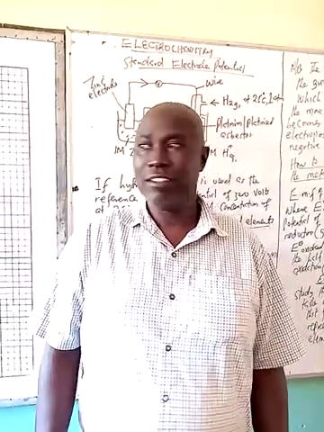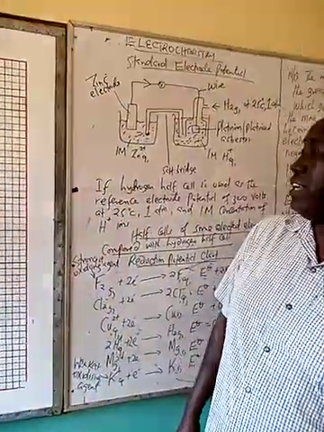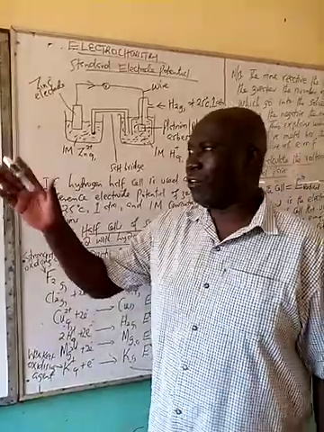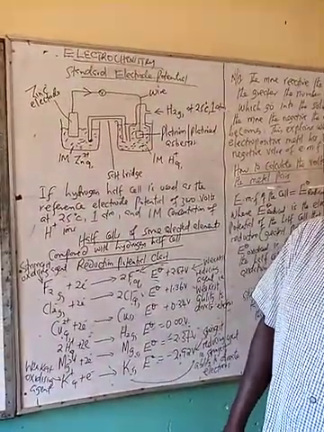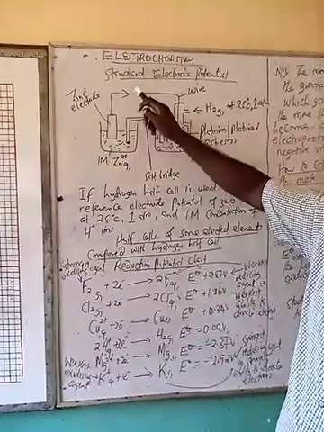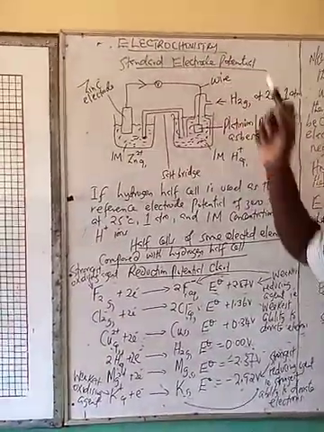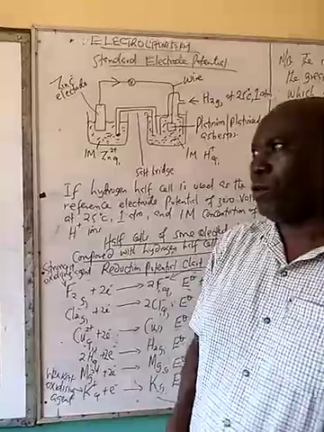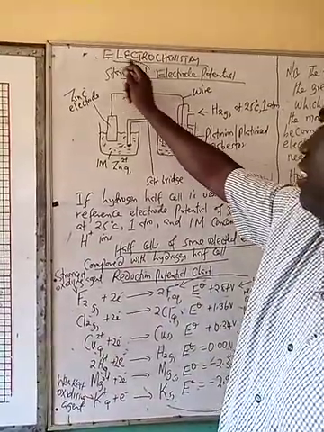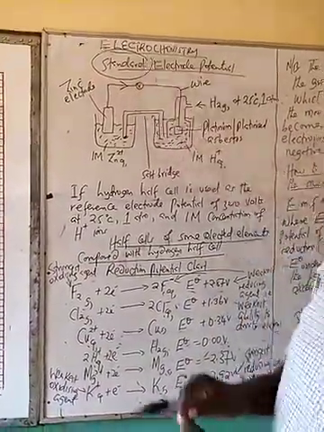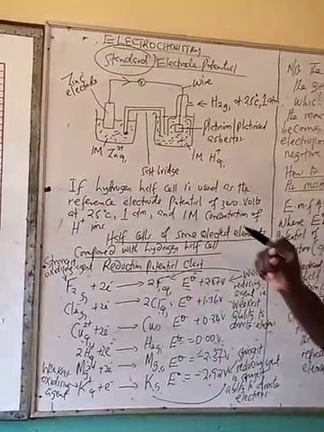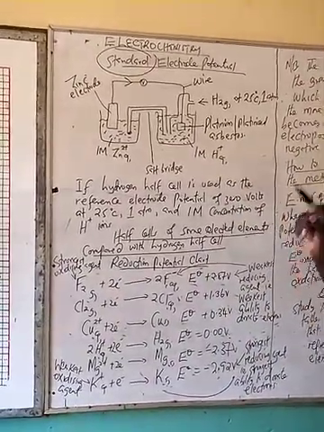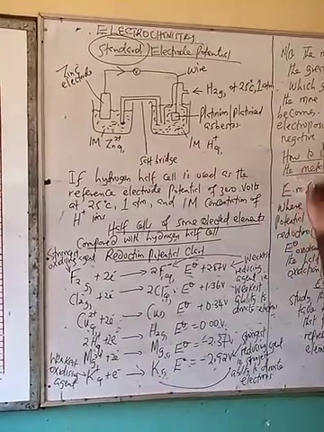Welcome to our class. In our previous lesson, we discussed a topic called electrochemistry. It's a continuation. Today we want to discuss standard electrode potential. When you talk about standard, it means that it is an electrode potential which is acceptable nationwide or worldwide.